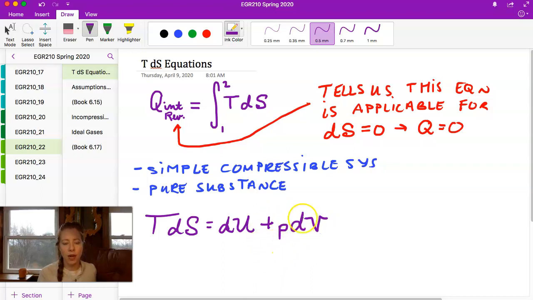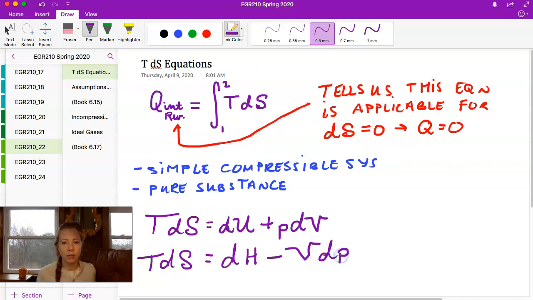Okay, so this would be for constant pressure process. And the other one would be that TdS is equal to dH, so change in enthalpy, minus V, so constant volume process, times the change in pressure.